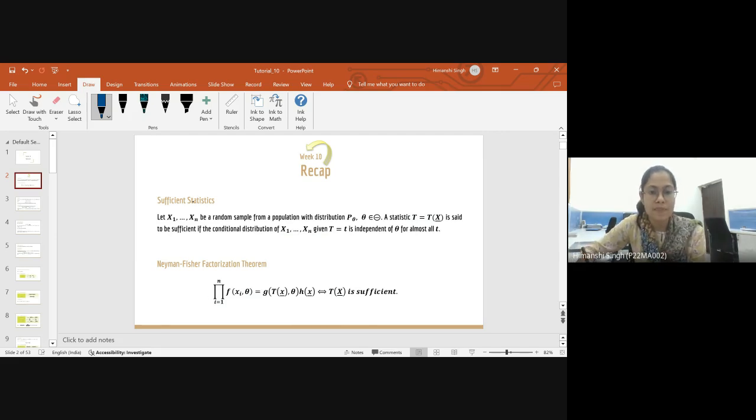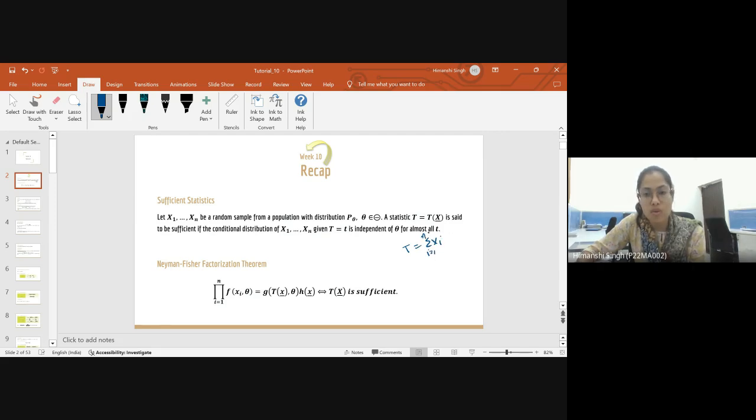Now, why is the sufficient statistic important? It helps in data reduction. If we have knowledge of the sufficient statistic, by that knowledge we can again construct the random sample. For example, let T equal the summation of xi, and consider that this is a sufficient statistic.